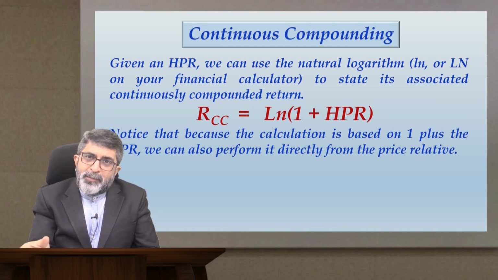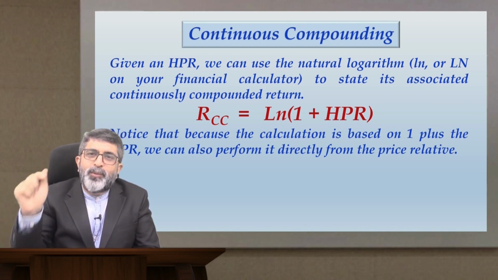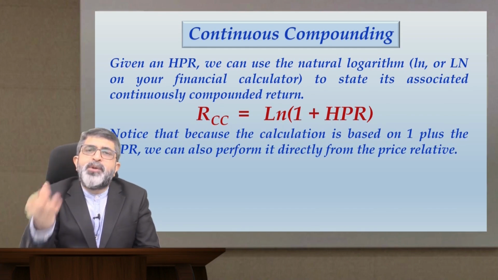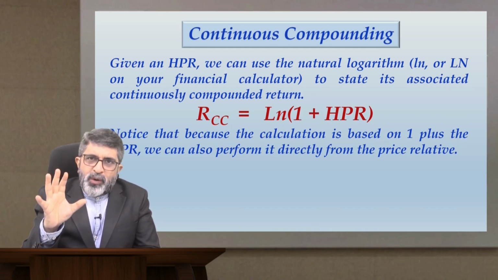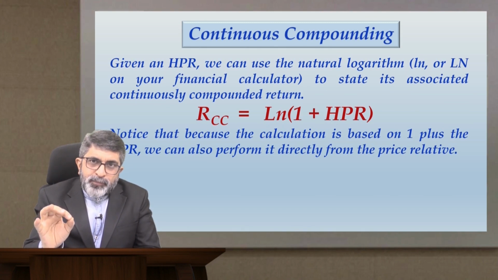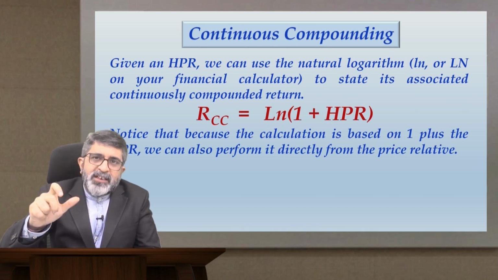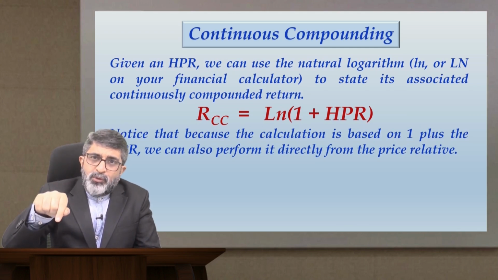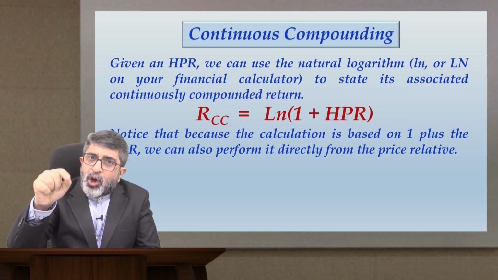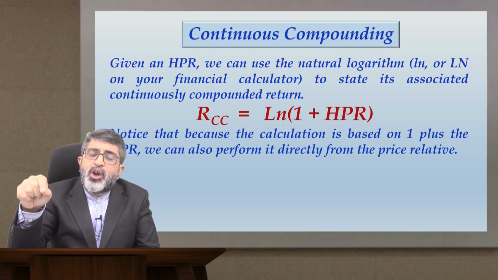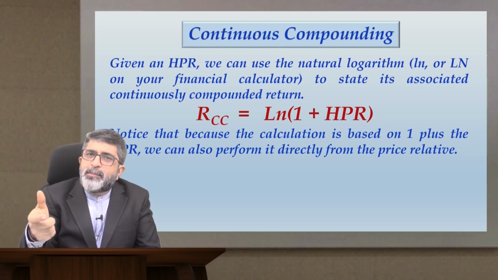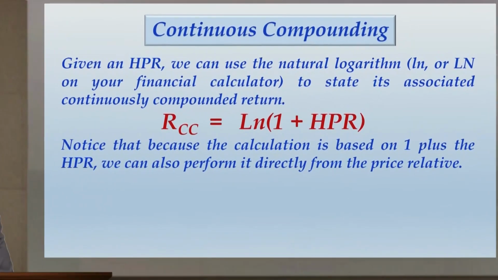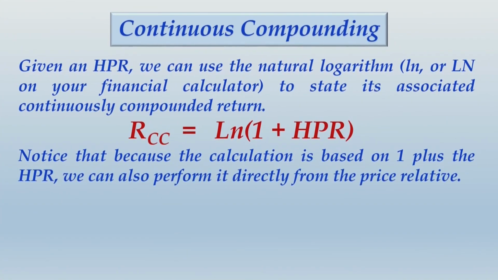And then again 20% you are adding back to 1. So if anyway you have to add it back to 1, why should you even bother to compute HPR? Instead, you directly compute the factor, that is the period end value divided by the period beginning value. So in our example it will be $120 divided by $100, and that will give you 1.2 directly. So I want you to please understand this whole thing and carefully write the next line.